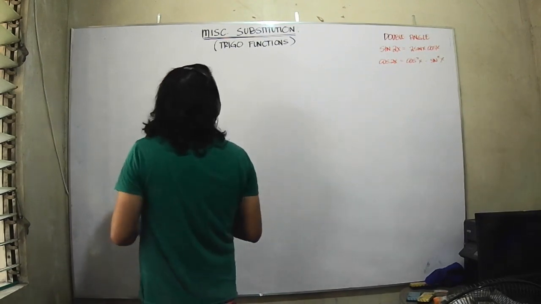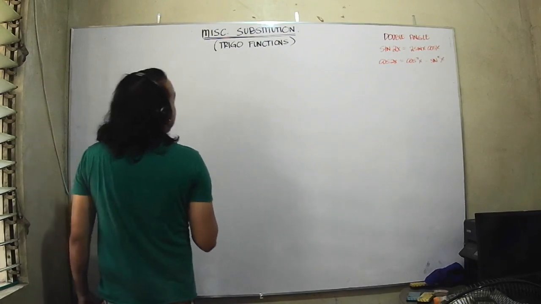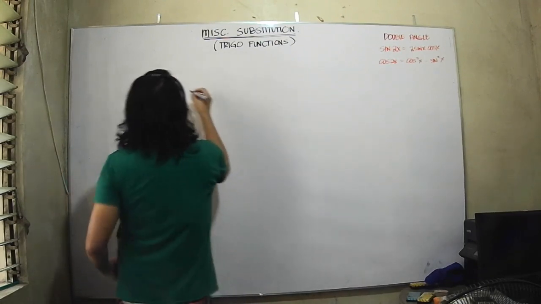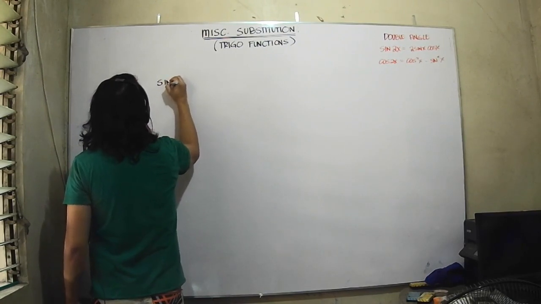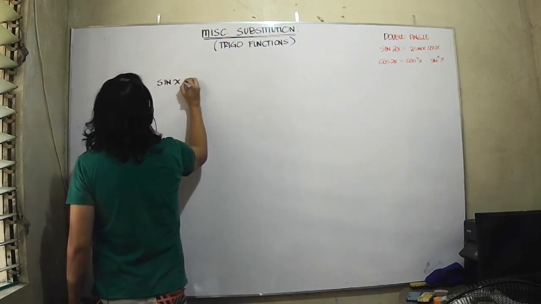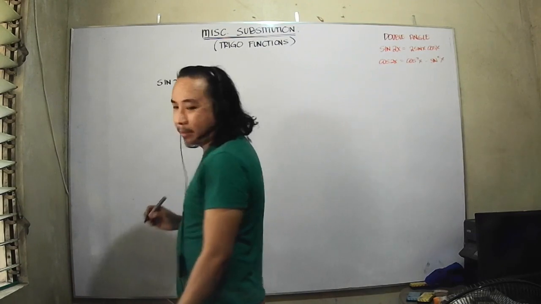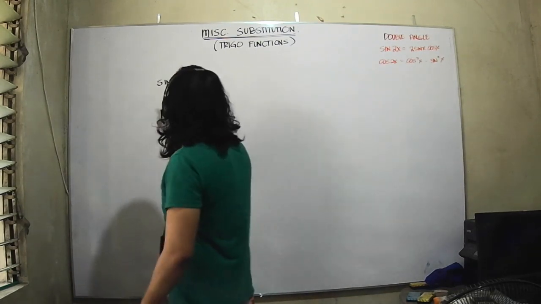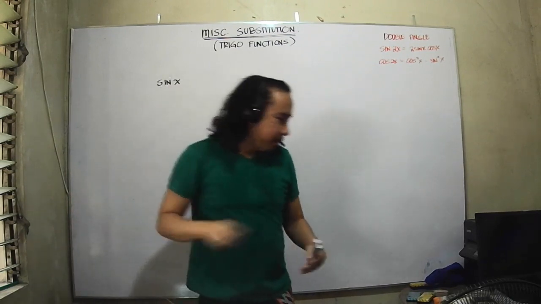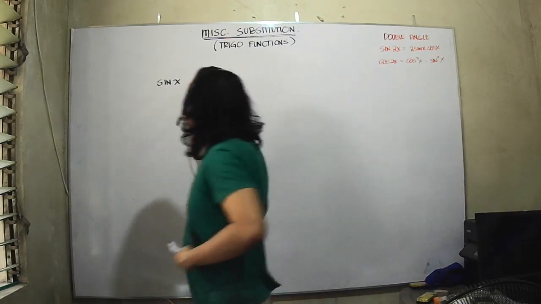Now let's try deriving some equations. We need to find representatives for sine x and cosine x. You have to reduce everything in terms of sine or cosine.